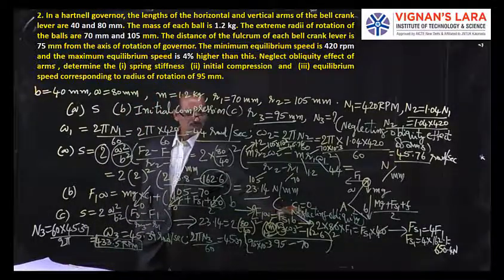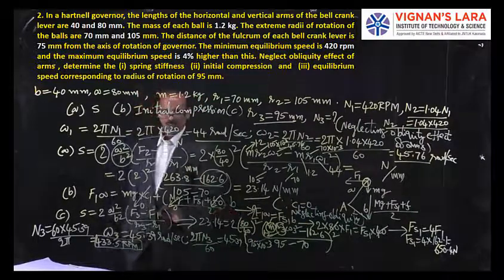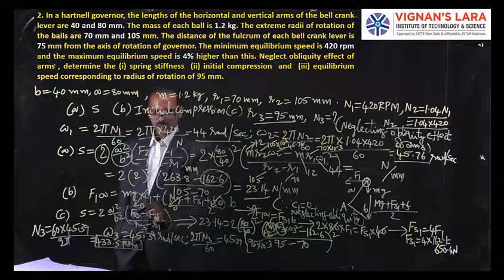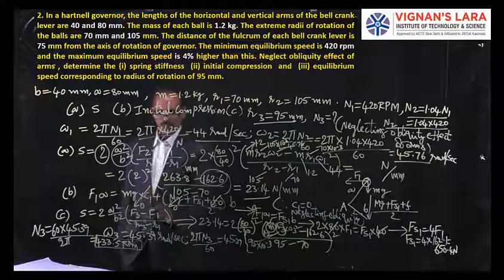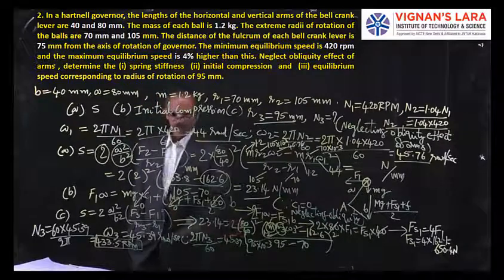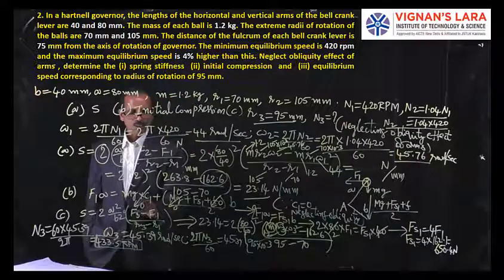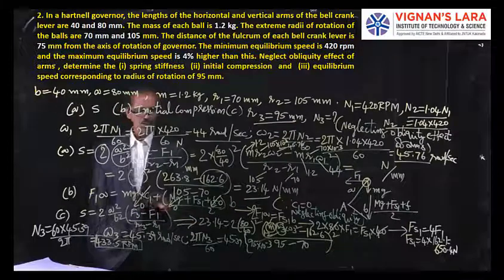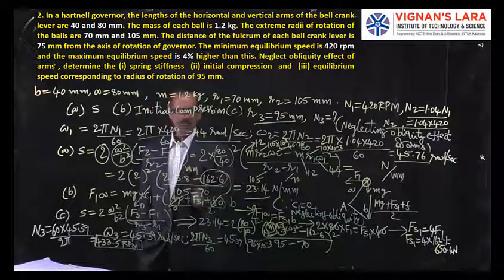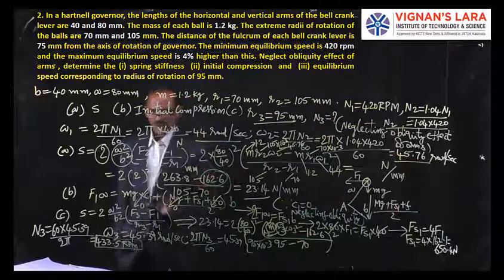The value of F1 is already known, and R3 and R1 values are already known, but you have to take care here. When you substitute in F3, substitute your radius in meters, whereas here the radius is in mm, giving Newton per mm. In the numerator, when you substitute the radius, it should definitely be in meters only, so that the force unit is Newton, isn't it?